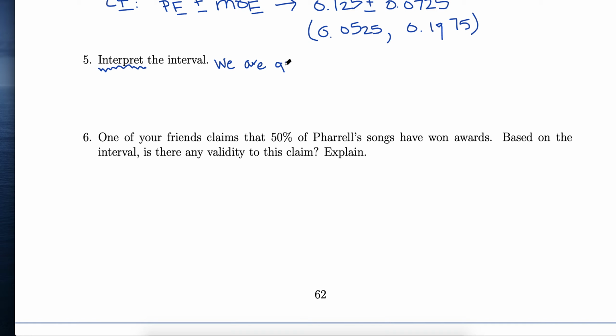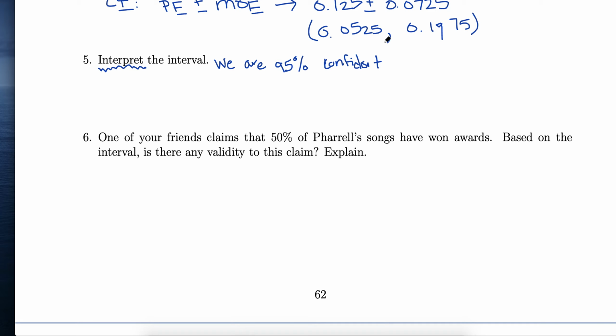And if you like to be more formal, you could say something like this study is 95% confident. But I'm going to go informal. So that's part one. State how confident you are in your estimate.